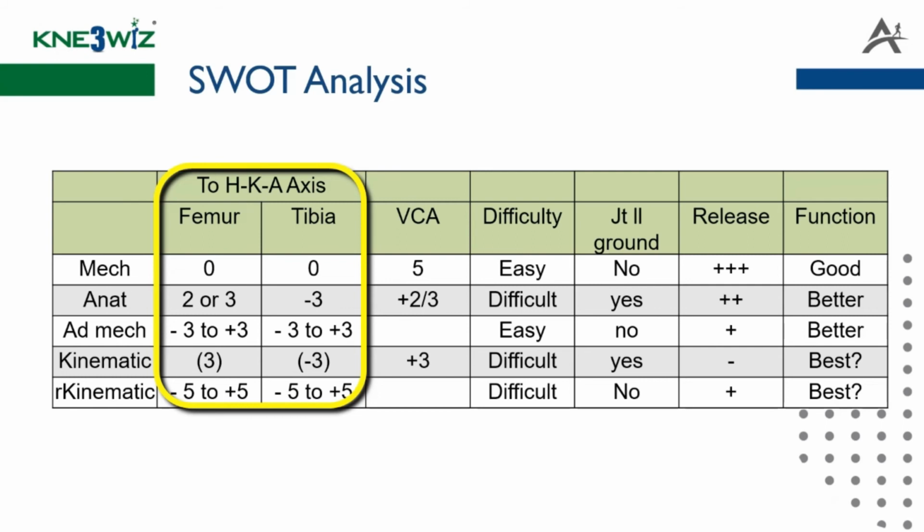So if we were to focus on the deviation from the neutral for all 5 described alignments, it is evident that all are within 5 degrees from the neutral of mechanical axis alignment.